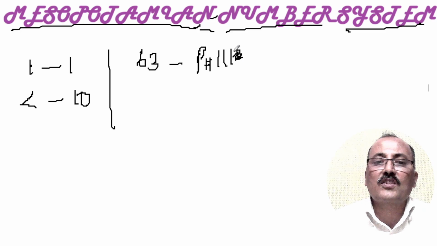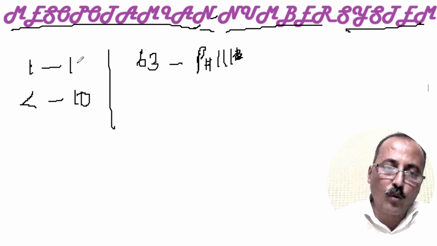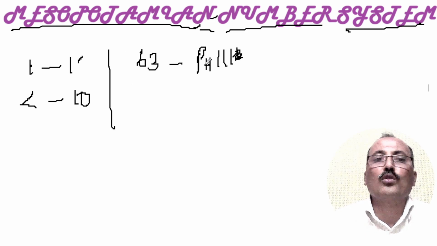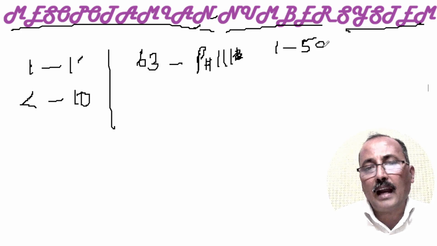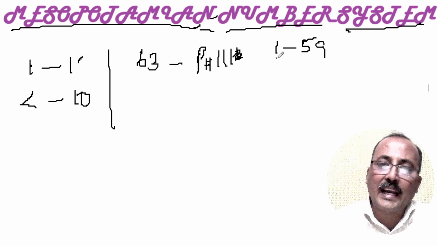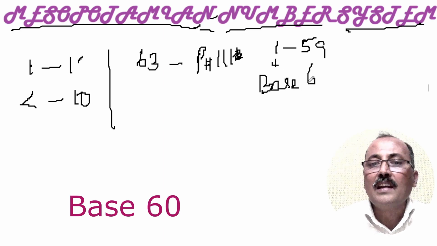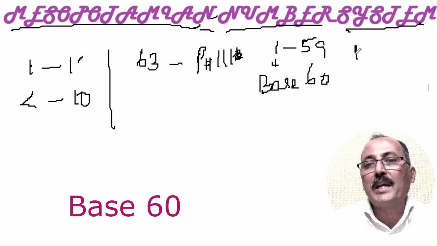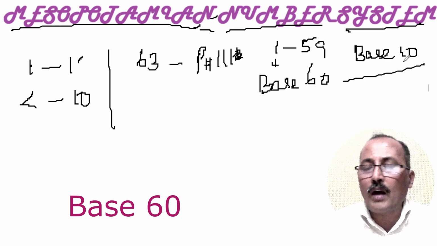So for 63, this is the symbol they use. That means the symbol they used for 1 they also took for 60. Why? It repeats up to 59, and from 60 onwards again this symbol. That means this is called base 60. Our system is base 10. Why is it base 10? Up to 10 numbers it will go and repeat.